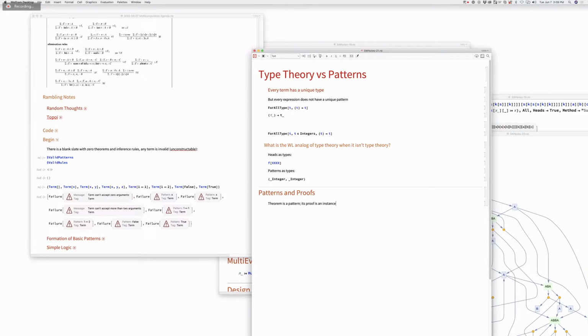Okay. There exists a Fibonacci number that is prime. Okay, what's that as a pattern? Maybe you could also do square root of 2 is rational. That's an easy one. Okay, so what is the pattern in that case? Well, first you have to define natural number, a square root, and what is rational.